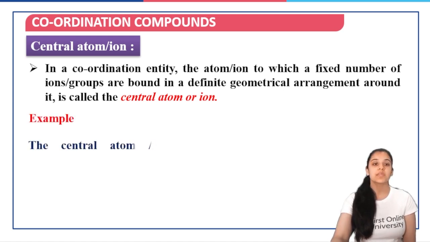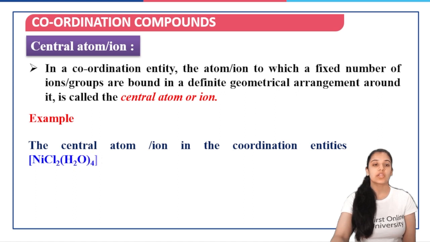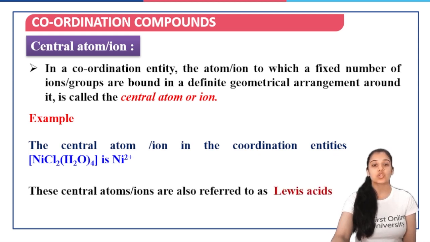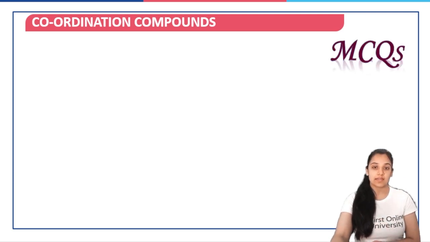For example, the central atom or ion in the coordination entity, nickel, okay, let's not go into the nomenclature, otherwise it would be tetra aquo dichloro nickel 2, right? So here nickel 2 plus is the central metal atom or ion, and these can also be referred to as Lewis acids because they are accepting electron density from Lewis bases, that is ligands.